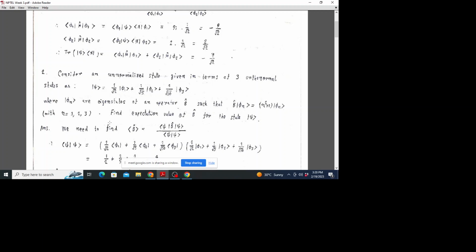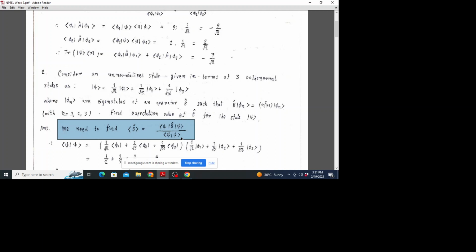So how to find the expectation value? We know this is the formula to find the expectation values. So the expectation value of B in the state psi is given by this formula, right? So this is the numerator and this is the denominator. We usually do not write the denominator because most of the time the states in which we are finding the expectation values are already normalized.